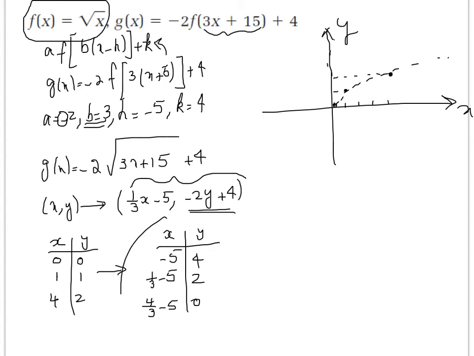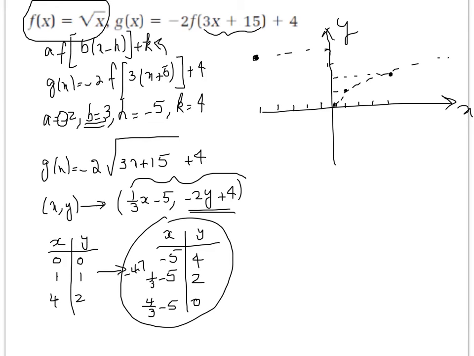Now I'm going to plot these values on the same graph. When x is negative 5, y is 4. So it's going to be 1, 2, 3, 4, 5, and y is 4, a point over there. When x is 1 over 3 minus 5, that gives us about minus 4.7.